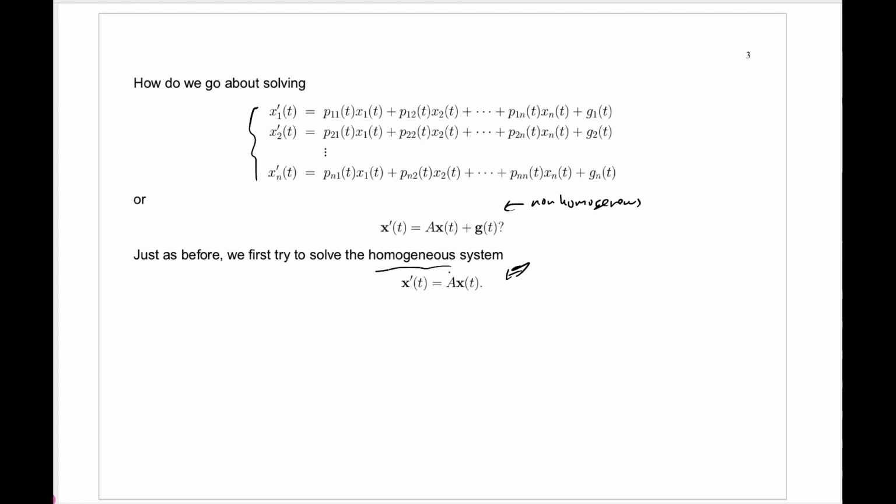So we're going to spend our efforts in the near future talking about how to solve homogeneous systems, homogeneous linear systems of differential equations, and we'll be looking at first order systems as we have here.